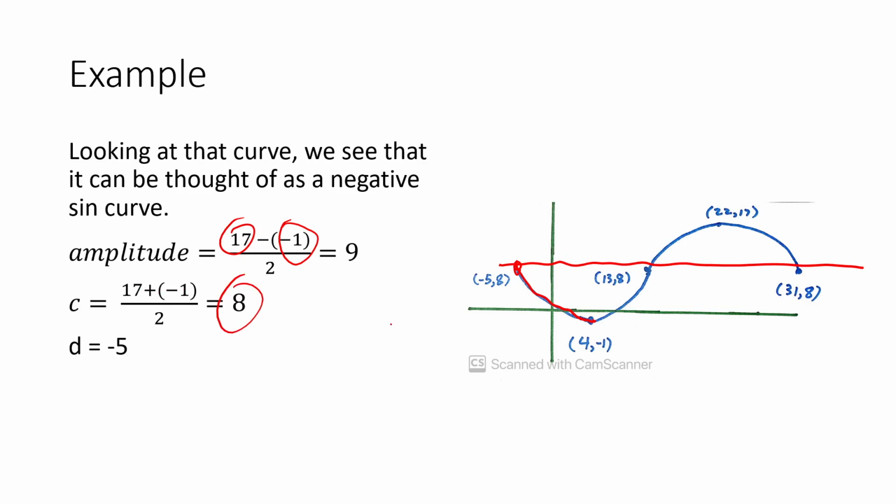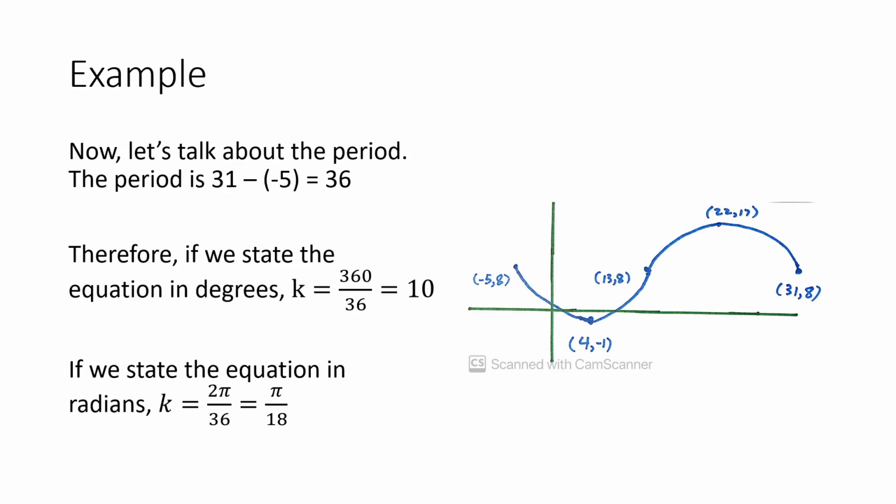Our phase shift is -5. It's 5 units to the left, so it's -5. And our period, the horizontal distance of a complete cycle, is equal to 36. Now, we can state this equation in degrees if we wish. It's not entirely clear from the question, so if we state it in degrees, k will be equal to 360 over the period, which will be 10.